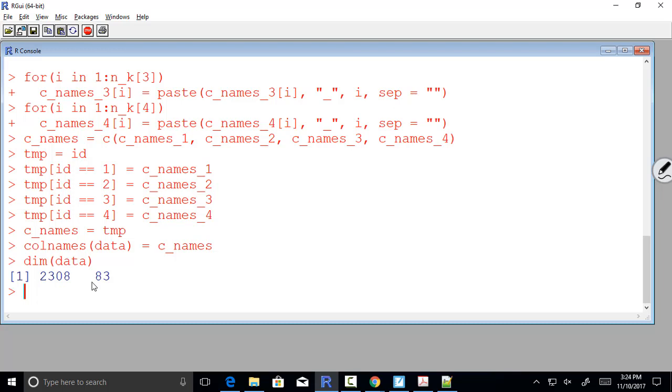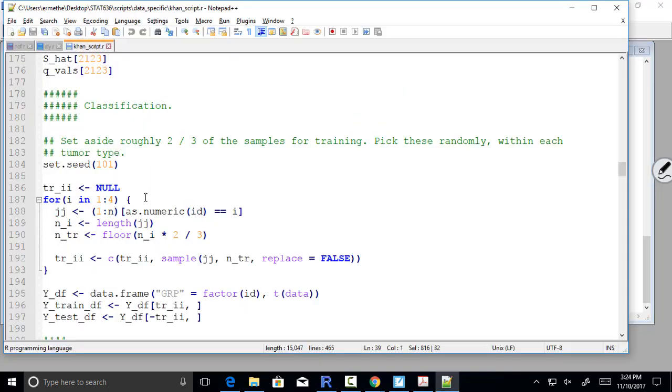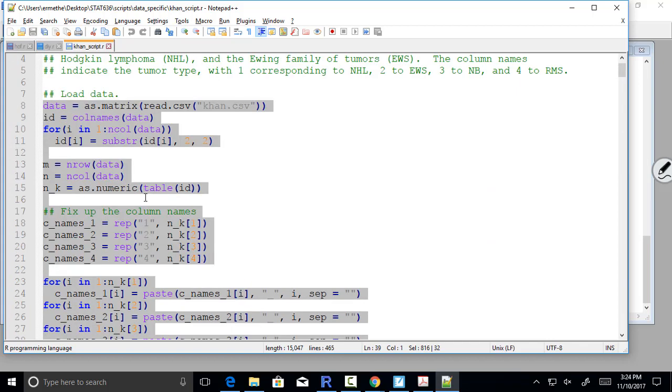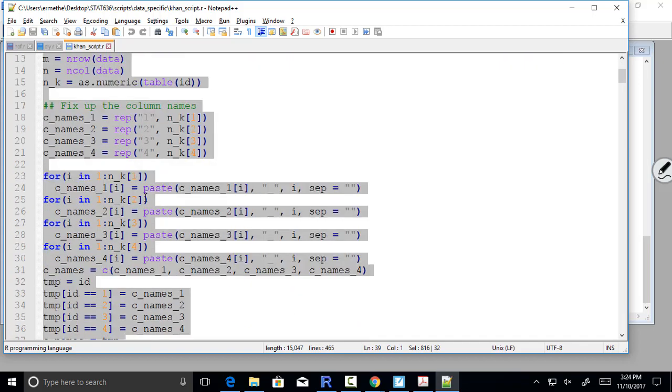So for each of these 83 individuals, we have a snapshot of the activity level of 2,300 genes. We also have a response variable. So that data that I just showed you, the 83 by 2,300, is like the capital X matrix of features or predictor variables.